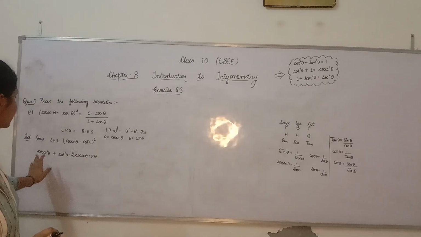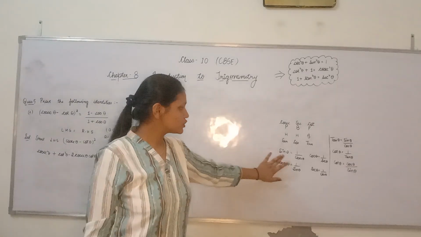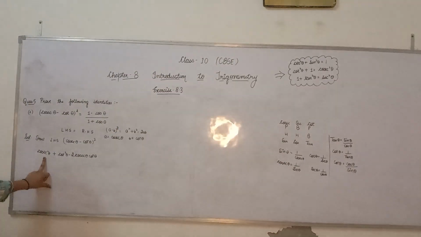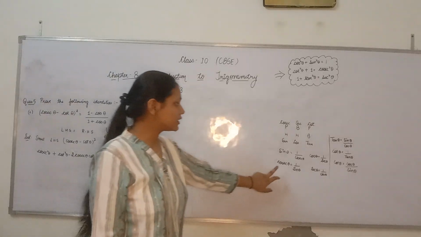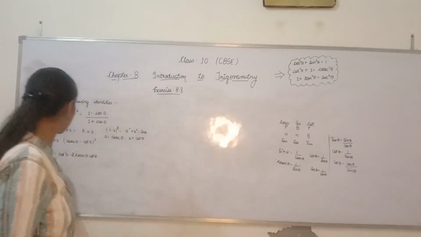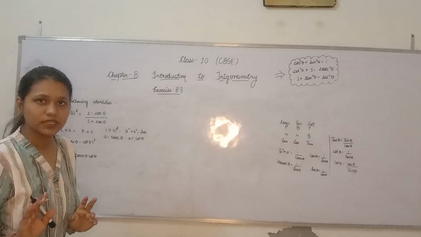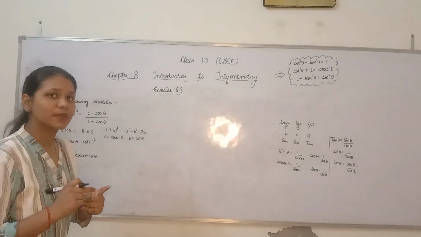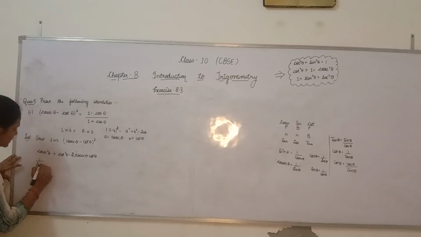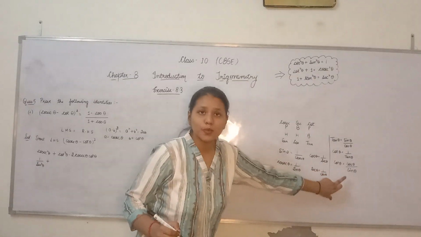Now we will write their reciprocals. As we have already learned, sin theta should be written in the form of 1 upon cosecant theta, so cosecant theta is equal to 1 upon sin theta, and here the given term is cosecant square, so we will write 1 upon sin square theta, plus cot should be written as cos upon sin.